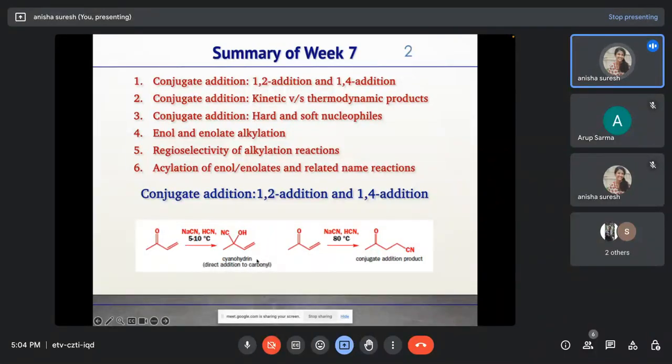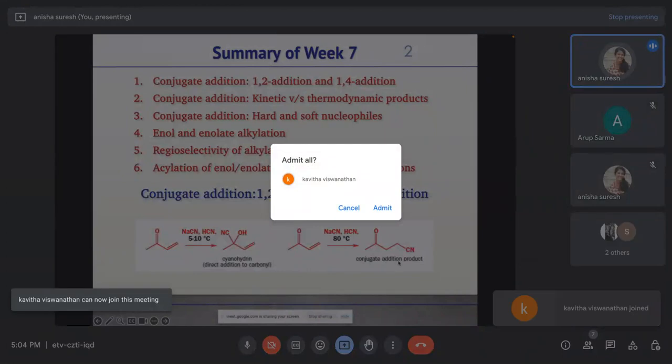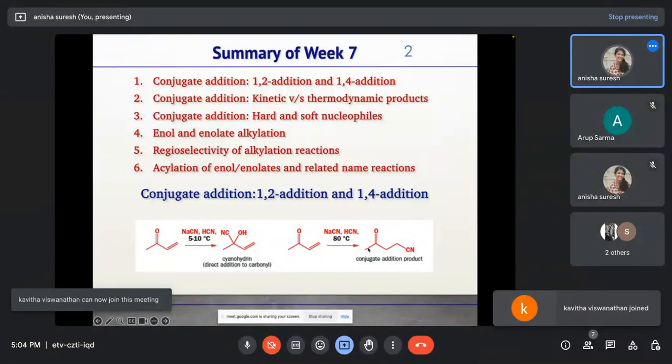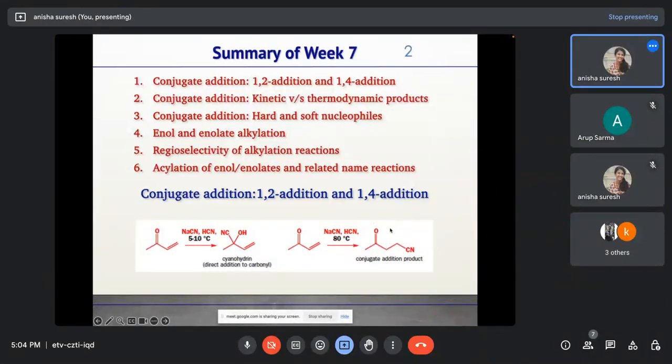This is known as a 1,2 addition reaction. But when we raise the temperature to 80 degrees Celsius, conjugate addition has taken place, that is 1,4 addition, giving this product. So you are clear why it is called 1,2 addition and 1,4 addition, right?